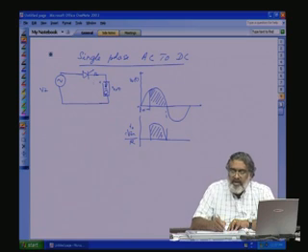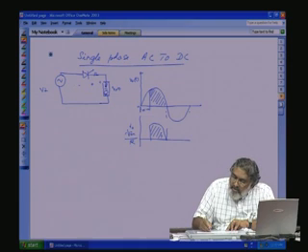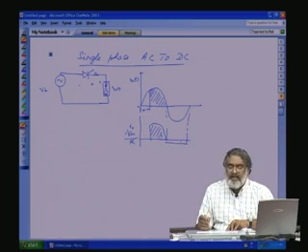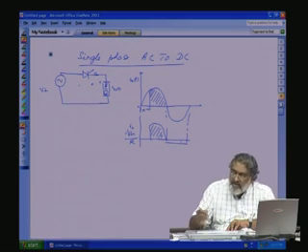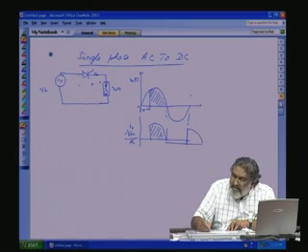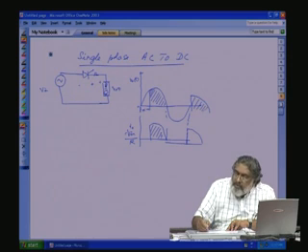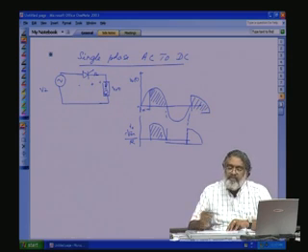There is a reverse voltage across the thyristor, anode and cathode. The thyristor will be immediately switched off. So, during this portion, the instantaneous voltage across the load is 0 for a resistive load. Then, in the next half cycle again this will appear. This is the current, this is the voltage.